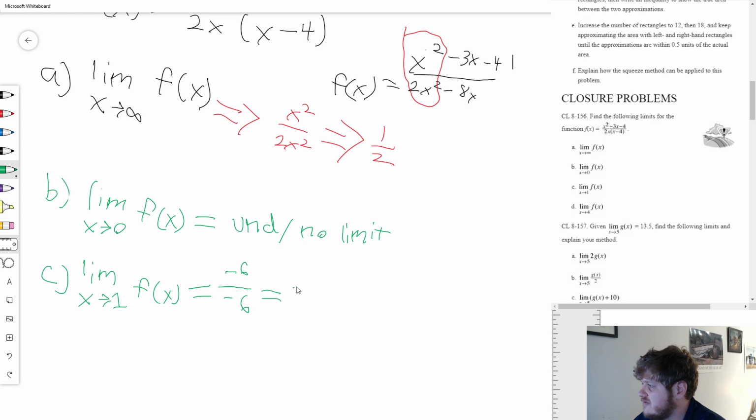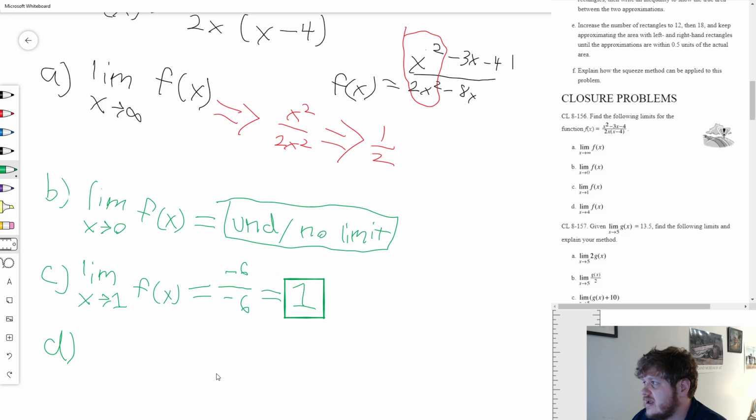So we end up having limit of f of x as x approaches 1 would be 1. And so then we'll just box these answers, and then we'll move on to D.